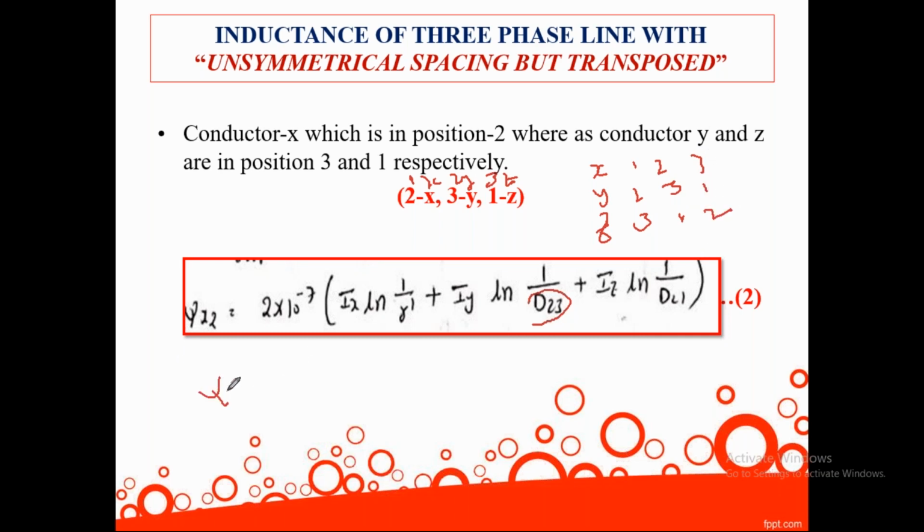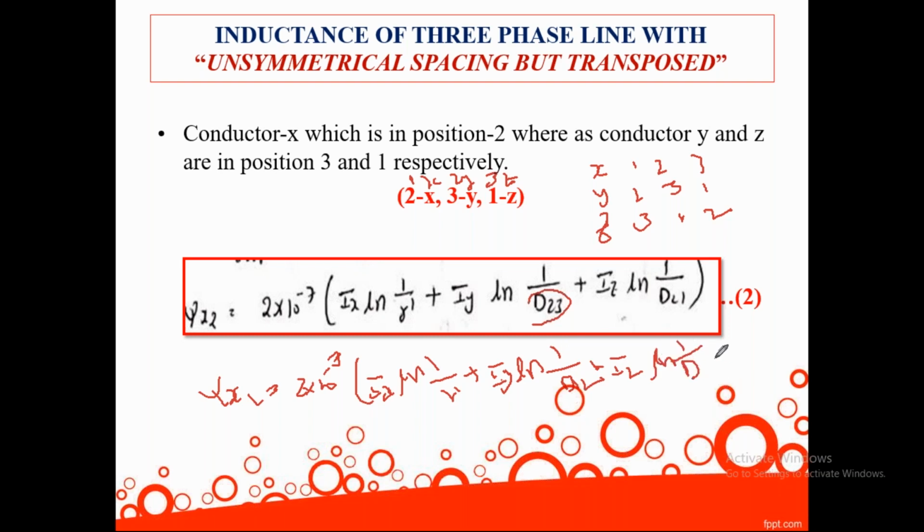Now in the first case, what we found is the equation: psi x1 equals 2 into 10 power minus 7, ix ln 1 by r dash plus iy ln 1 divided by d12 plus iz ln 1 divided by d13. So this is the equation we obtained in the first case.